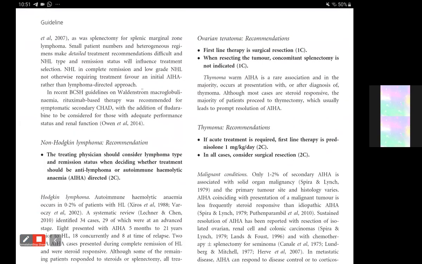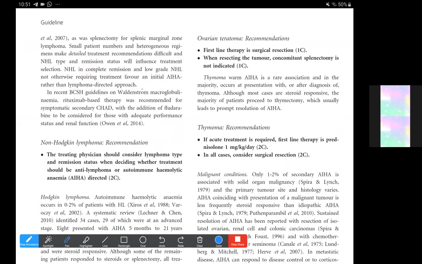Another special reference is to Waldenstrom macroglobulinemia. Here also rituximab-based therapy is recommended for this secondary monoclonal IgM proliferation in secondary cold hemagglutinin disease.